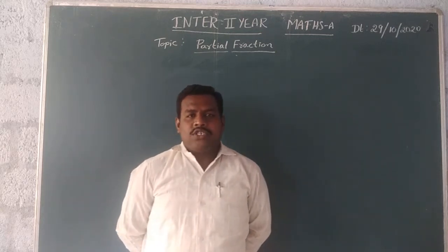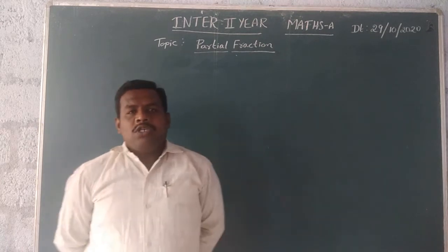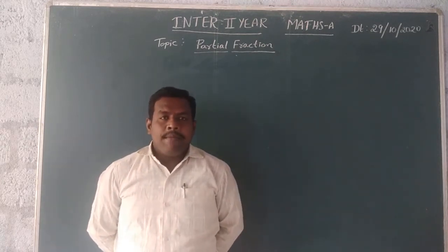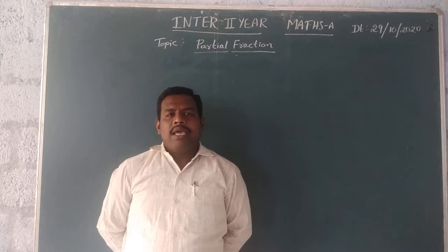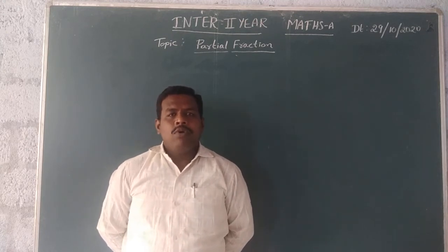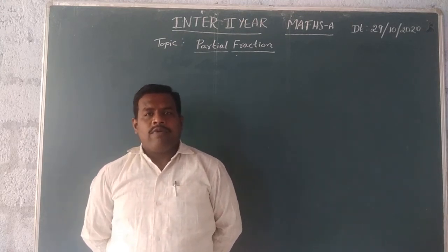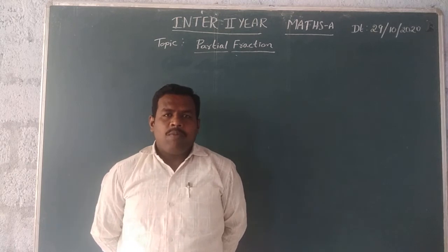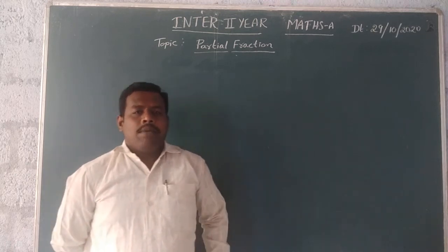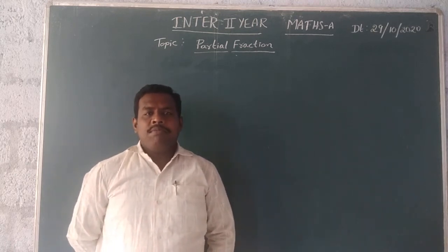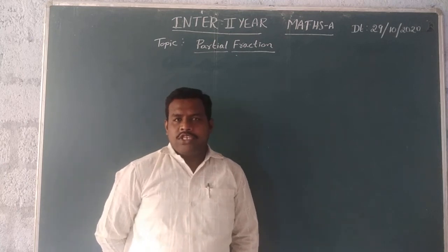Partial fraction means a proper fraction can be expressed as a sum of two or more proper fractions. Each proper fraction is called a partial fraction of the given fraction.